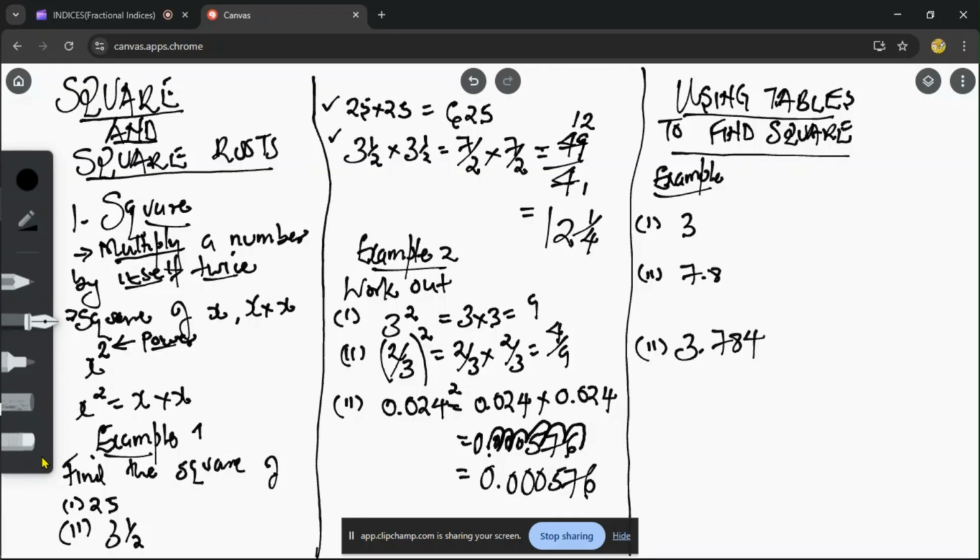A number that lies between 1 to 10, the range of values. So I want to use tables to get this.